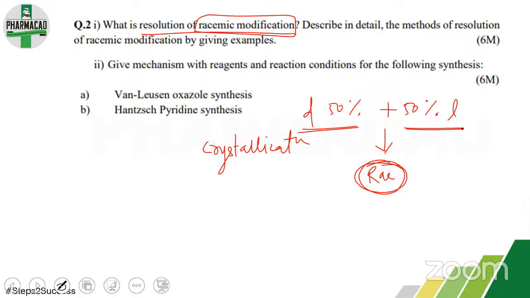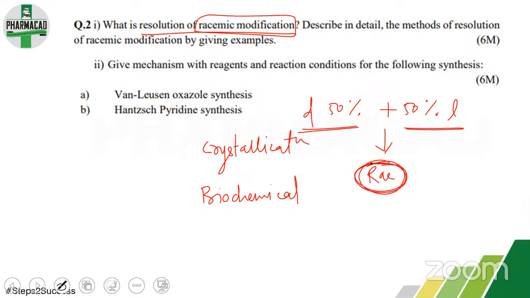The second technique is biochemical separation. In biochemical separation, certain bacteria, fungi or yeast are grown in a dilute solution of this racemic mixture.